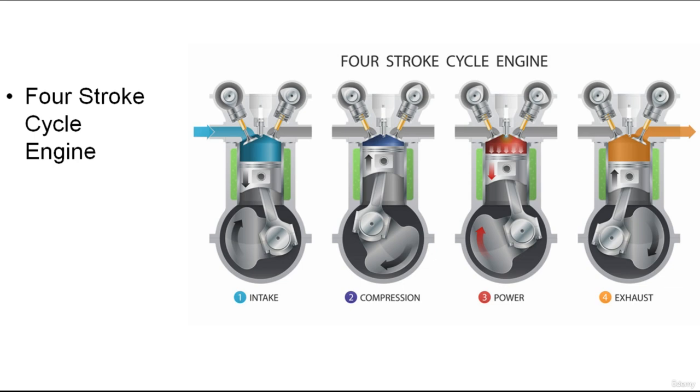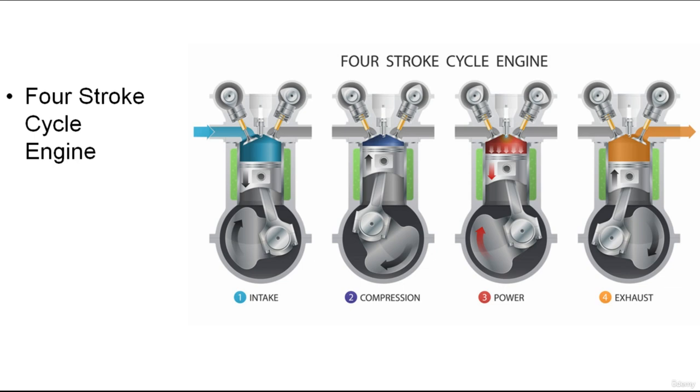So we have the four-stroke cycle. A stroke is the full travel of the piston either up or down in a cylinder's bore, and the reciprocal movement of the piston during the four strokes is converted to a rotary motion by the crankshaft.